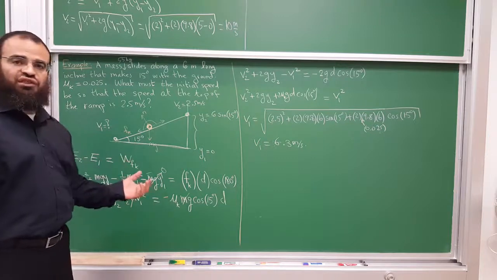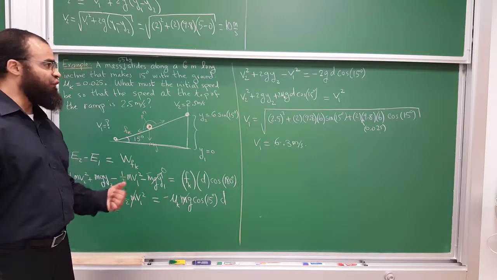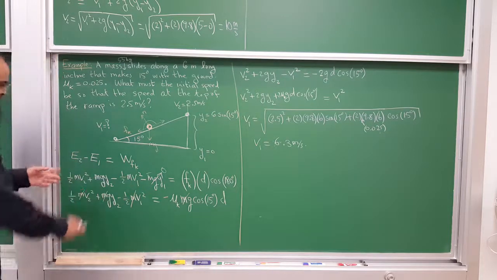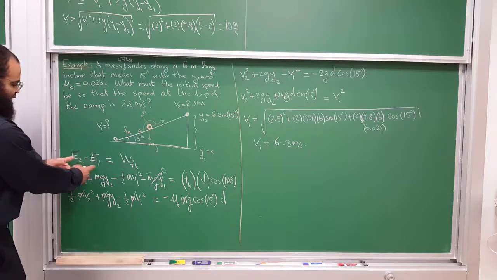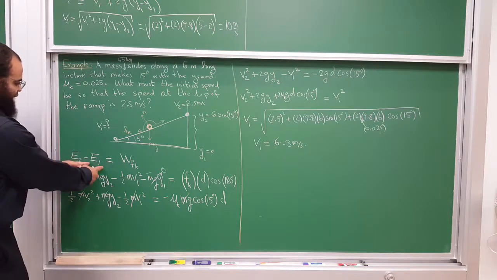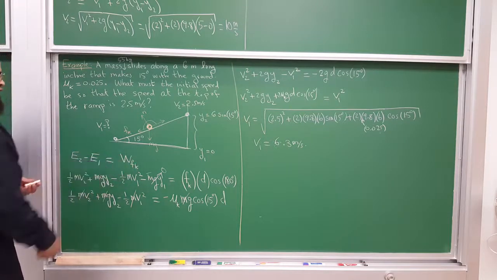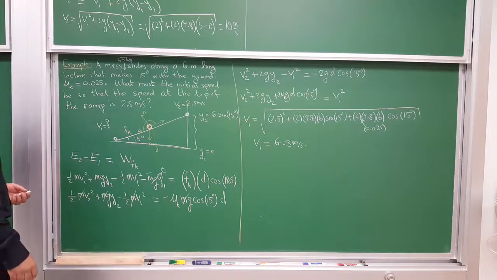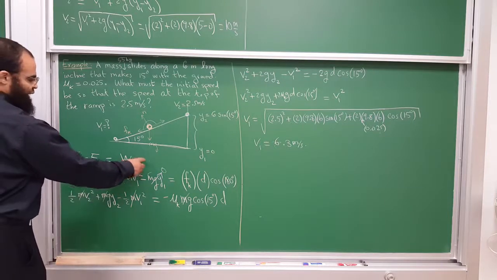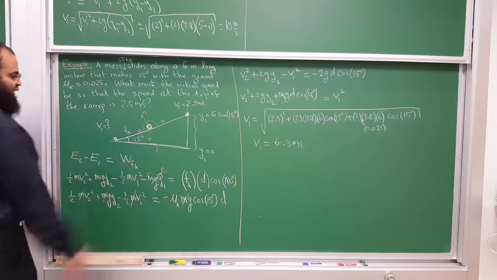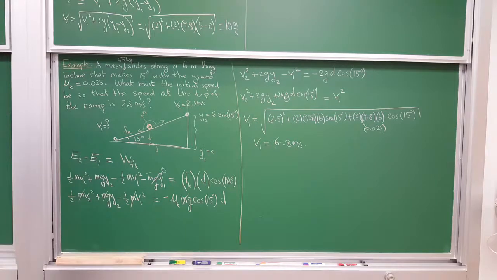The force of friction does work, and it does negative work. And so what we did, we said the energy at the end minus the energy at the beginning should equal the work done by this non-conservative force, the force of friction. Sure, you could add the work done by the normal force, but that's 0. It just goes away. Let's continue.